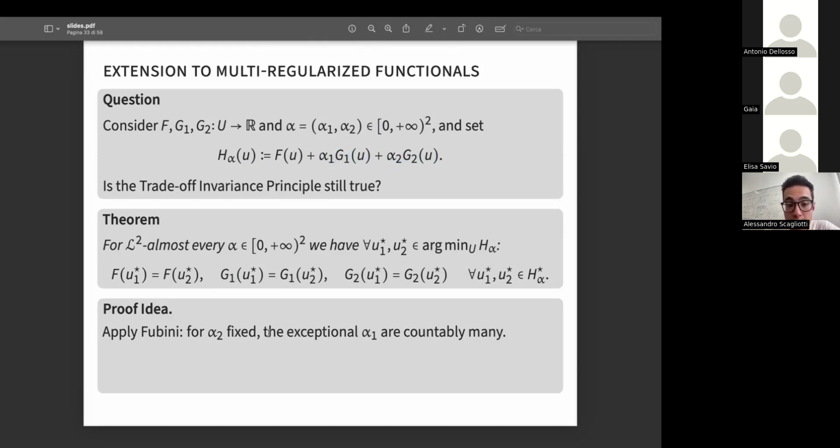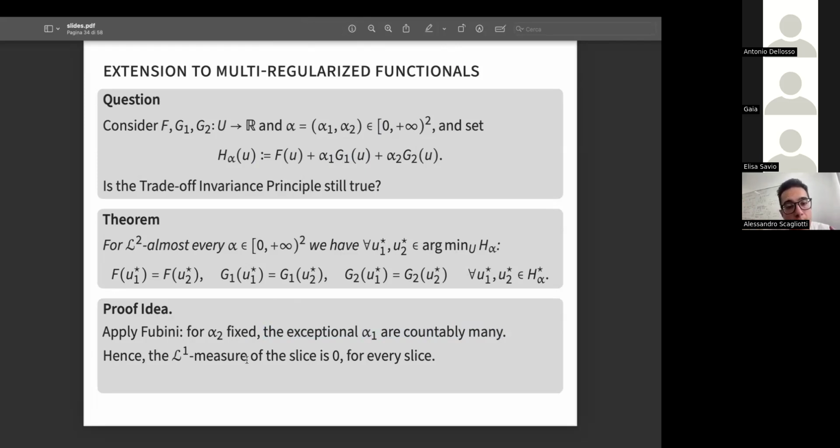In this case, for alpha 2 fixed, the exceptional alpha 1s are at most countably many. Cool. But what does it mean? It means that the Lebesgue measure of the slice is 0, because it consists of at most countably many points.